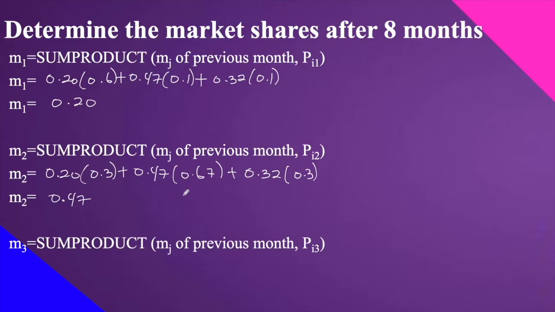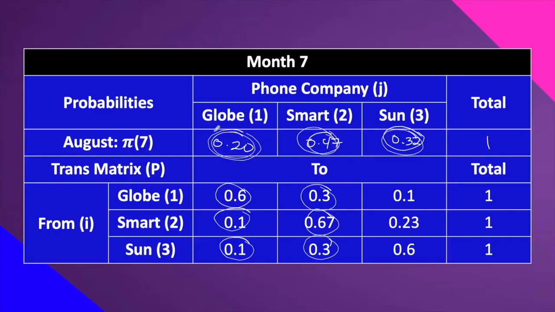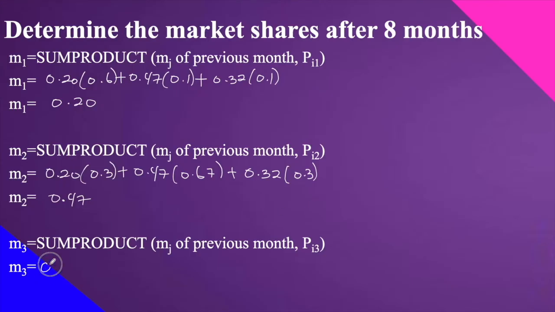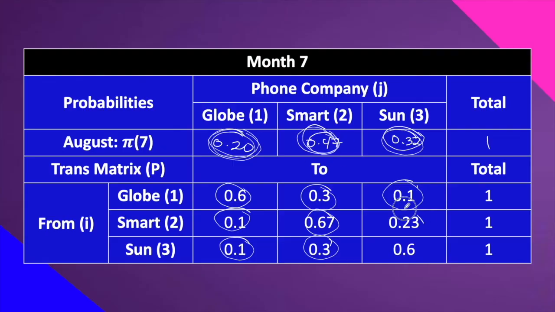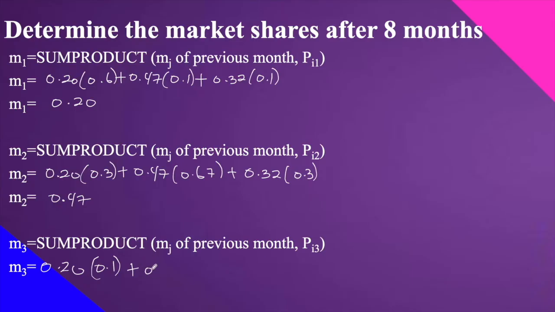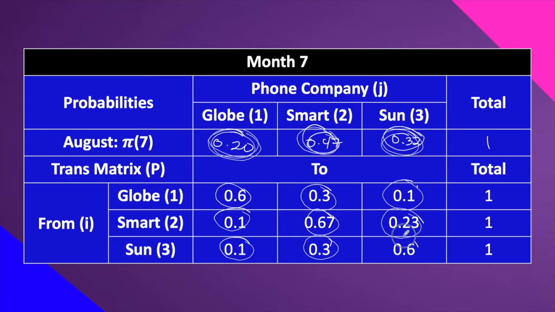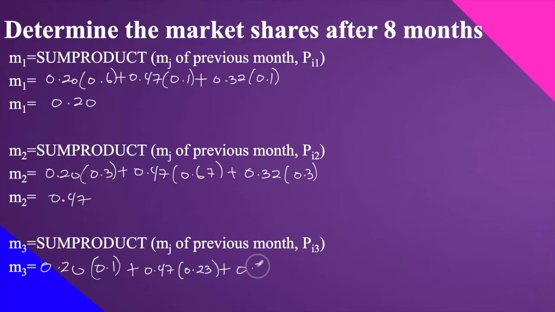So next for the M sub 3, which is the market share of Sun after 8 months. That is 0.20 times 0.1 plus 0.47 times 0.23 plus 0.32 times 0.6.